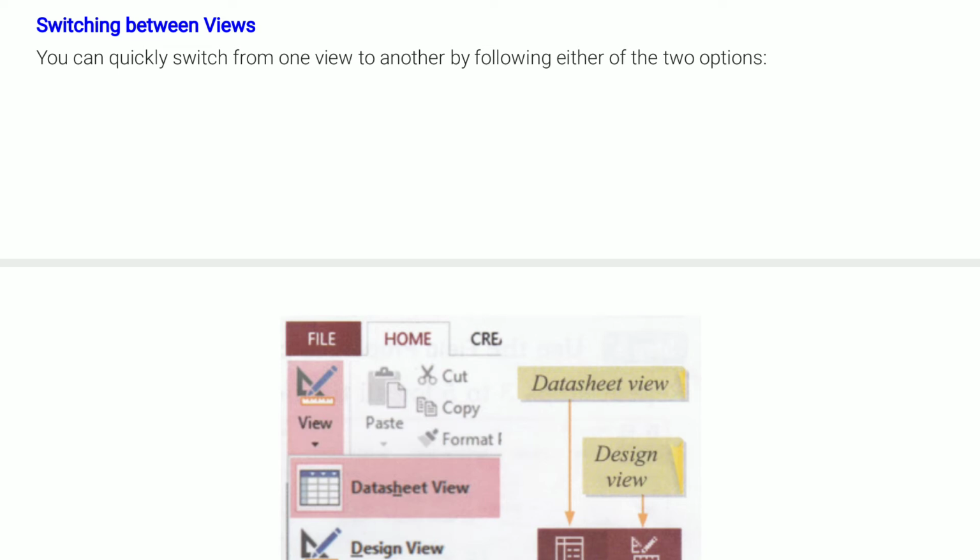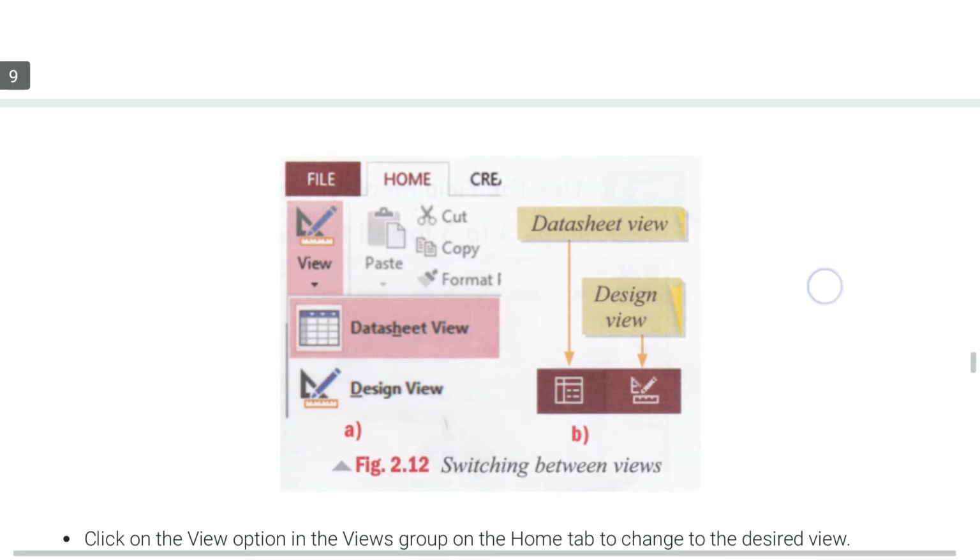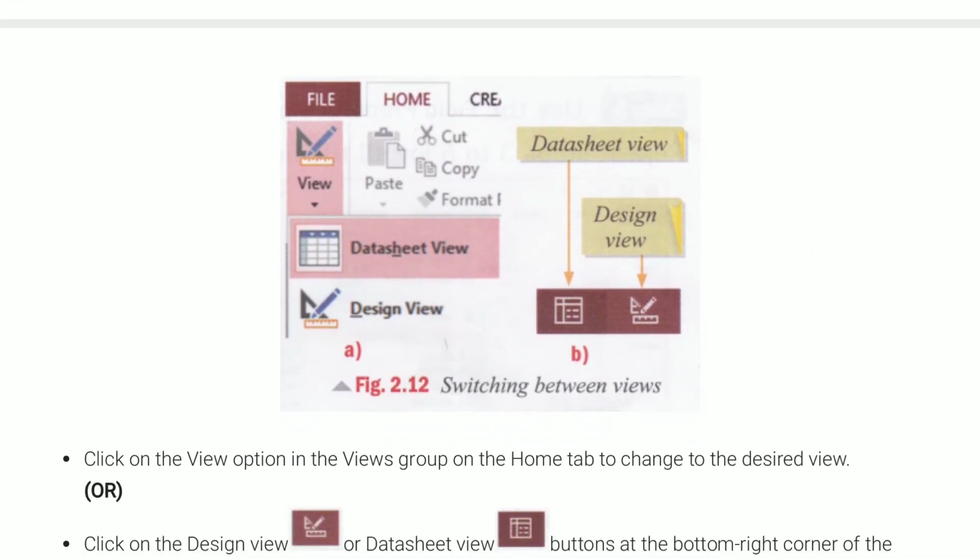We can switch between views of a table so that we can work on it easily. For this, there are two ways by which we can change the views of a table.